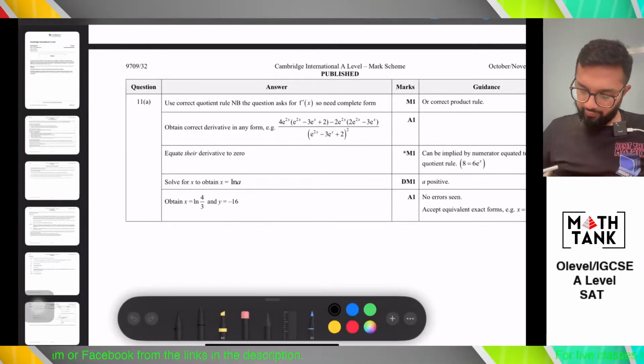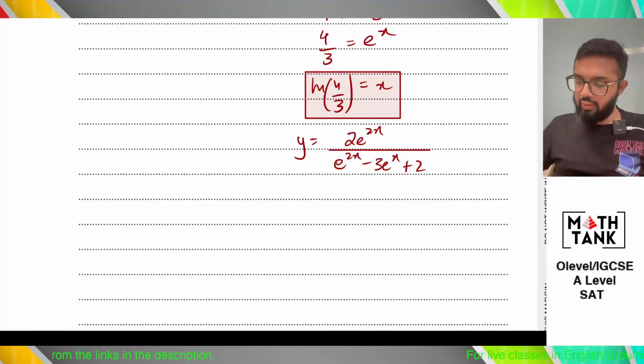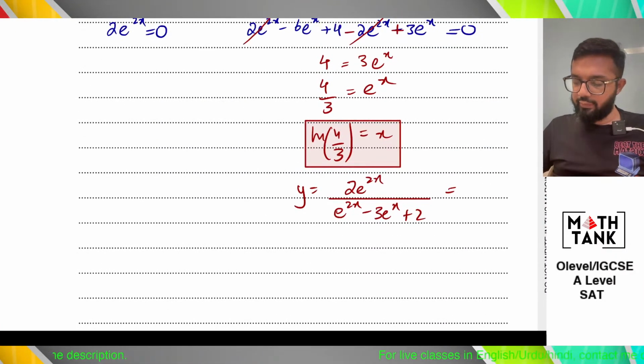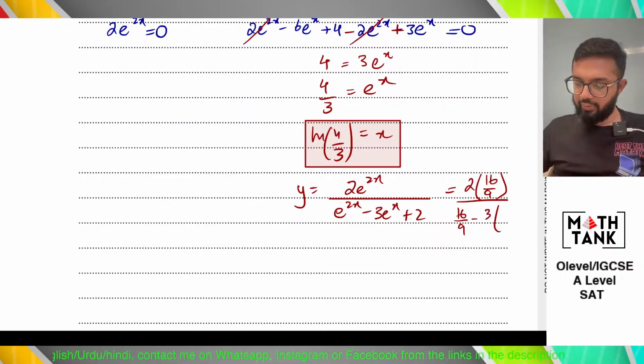Just verifying if ln 4 over 3 is correct. Yes. Okay, so if e power x is 4 over 3, then e power 2x should be 16 over 9. That's just a square. So 2 times 16 over 9, minus 3 times 4 over 3 plus 2.